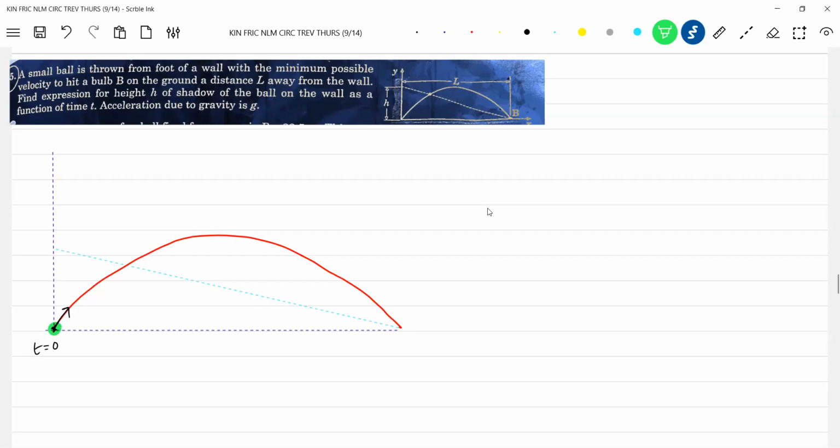Okay, there's a ball. When the ball is here, its shadow will be at this particular point. And here is a bulb. This is the path of the ball. This is at any time t, and there's a shadow.